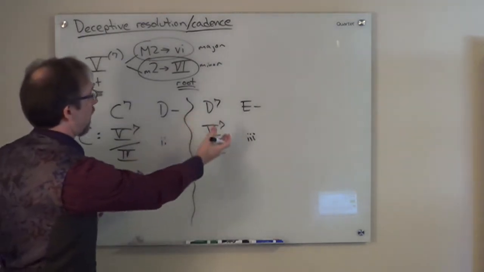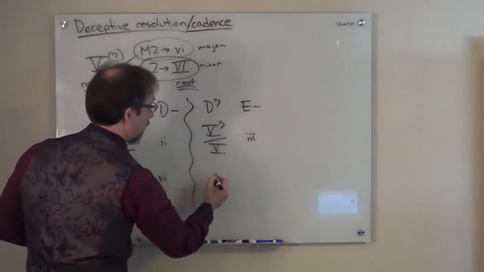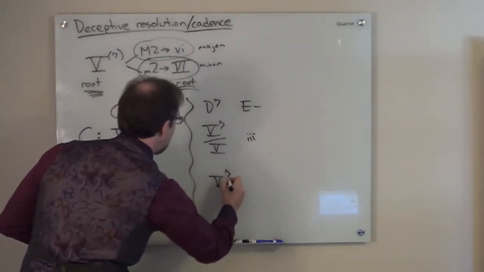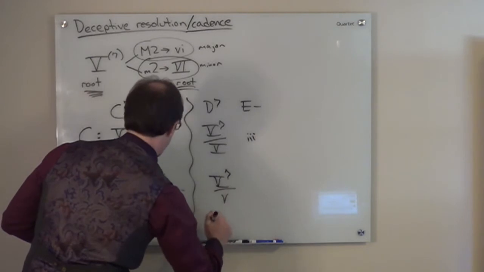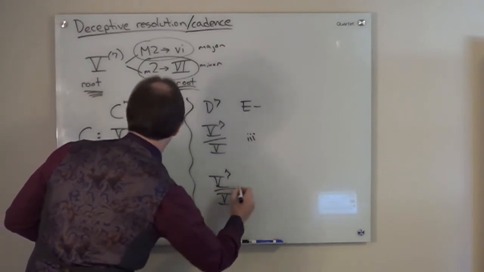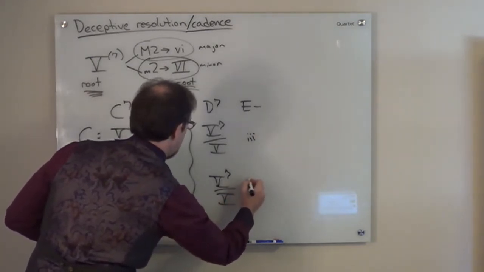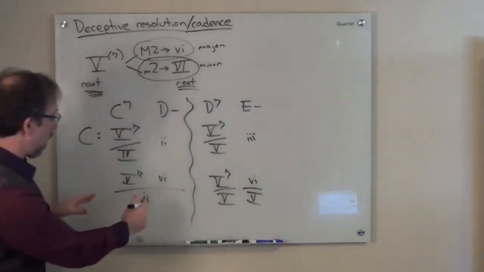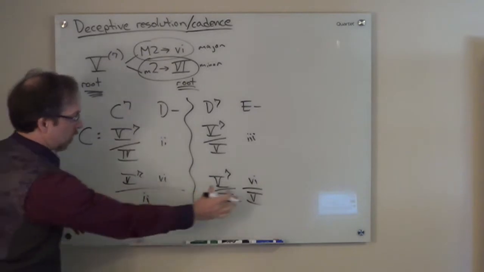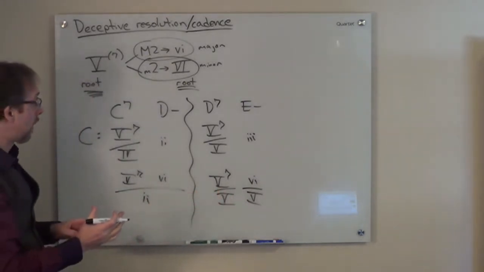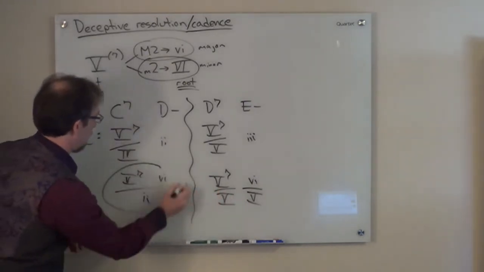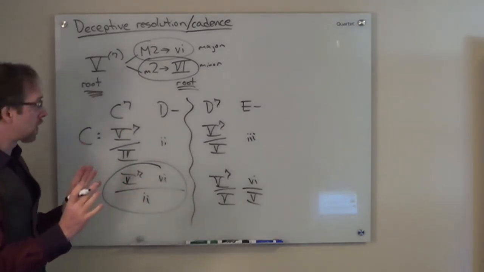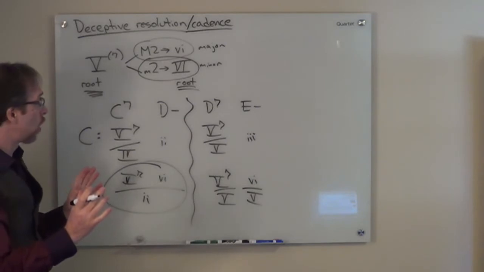So we could call it V7 of V to iii, or to be more illuminating and enlightening, we could call that V7 of V to vi of V. And we can put it all under one line, or we can do it separately like this. Either way. I personally like this one the best. It kind of shows that we're staying in that other key for a split second, and how that analysis works.